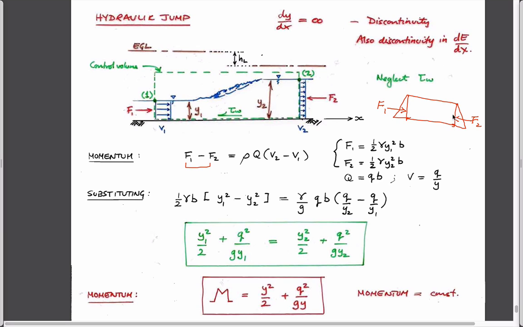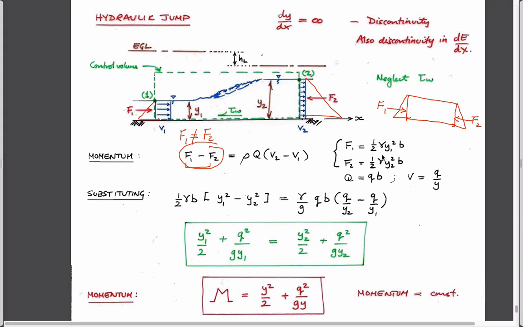If this depth upstream and downstream is no longer the same, as it would be here, then the forces acting upstream and downstream are not equal to 0. This is not equal. F1 does not equal F2, or negative F2. Then this term is not 0, and we end up with extra terms left.